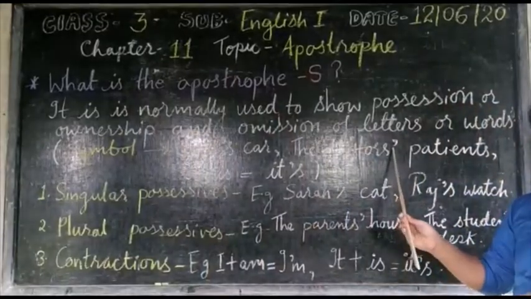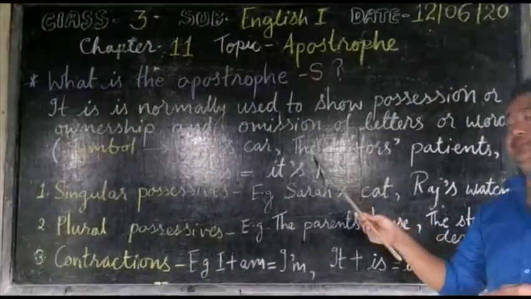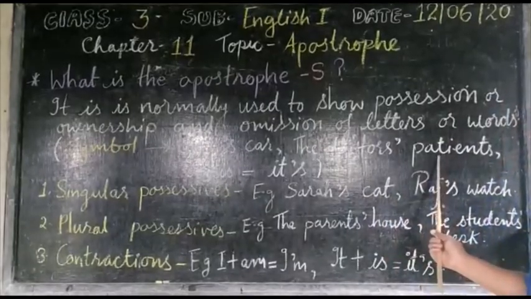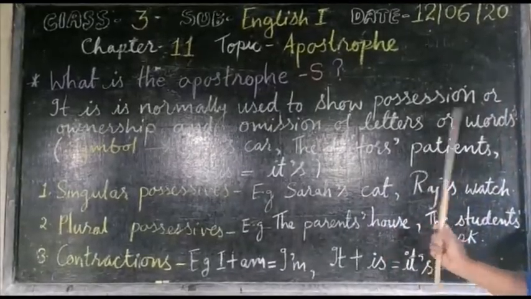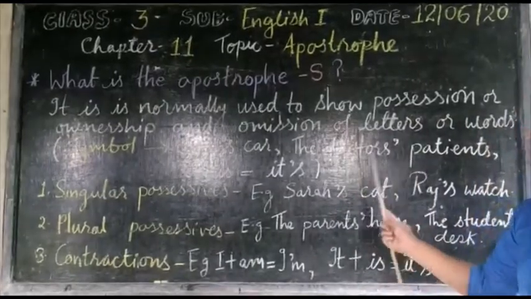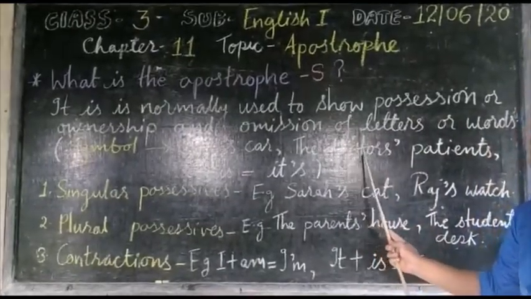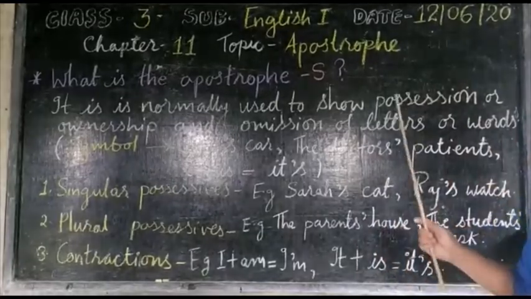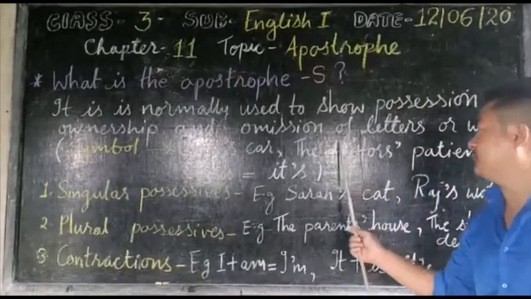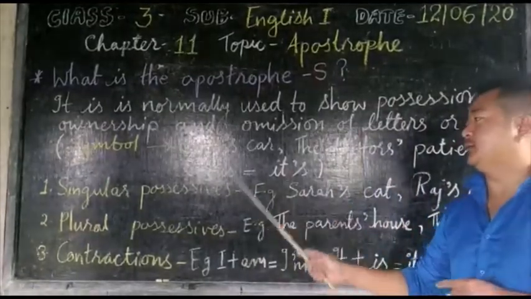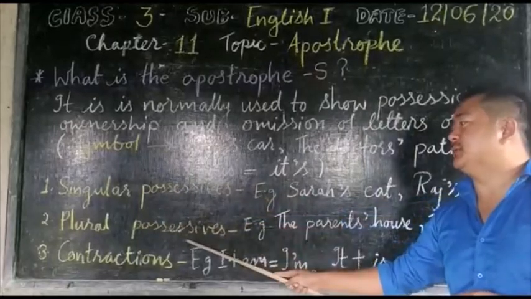After the S. See the example here. The doctors' patients. Those patients belong to none other than doctors, D-O-C-T-O-R-S. Then only you use the apostrophe. This is plural in form, therefore this is known as plural possessive.